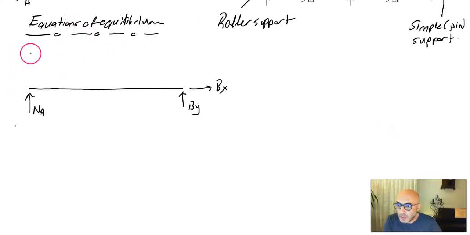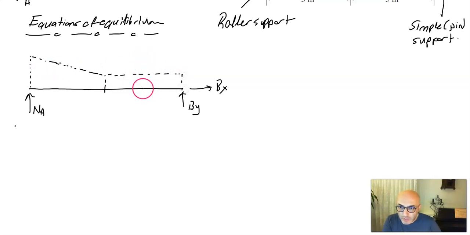So this is our trapezoidal distributed load here, and we have this uniform distributed load here, right?